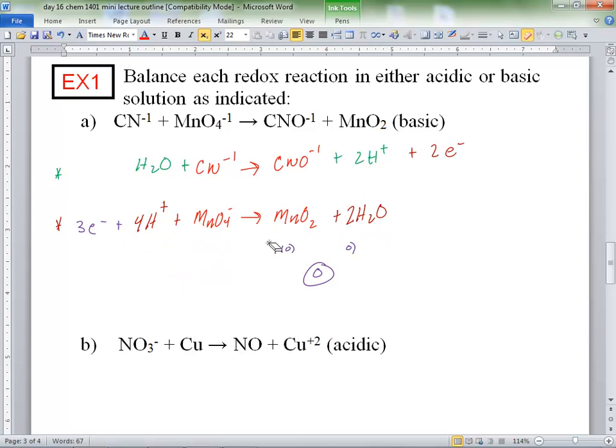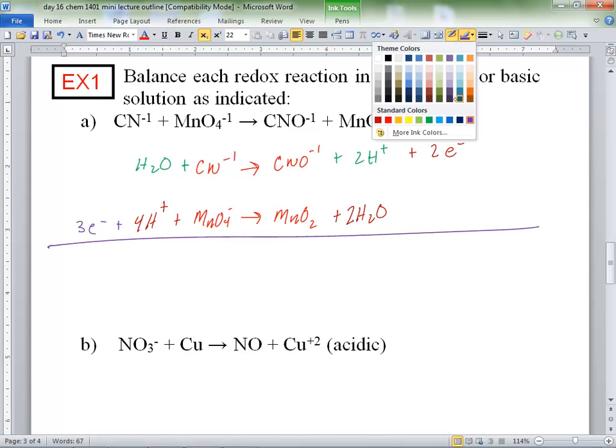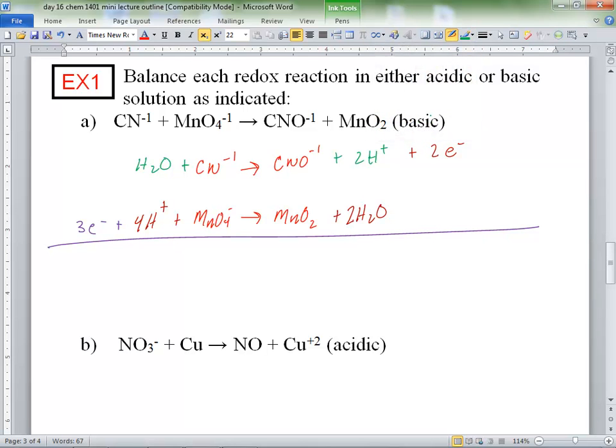Okay. Now where we're at is we have 2 balanced half reactions. So you got to add them up. But if I added them up right now, notice I'd have 2 electrons over here, because everything on the product side, I just bring it down.